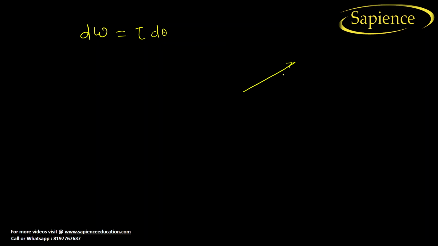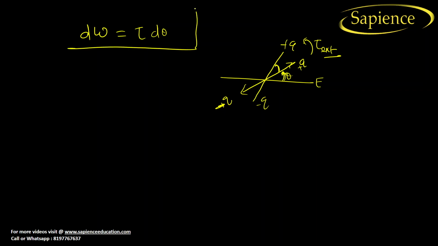Because earlier this was the electric field and this is theta, and now we have moved this dipole, with the negative charge and the positive charge, to this position. When we move it, we have to apply an external torque, tau external. Now the work done will be equal to tau into d theta, right?